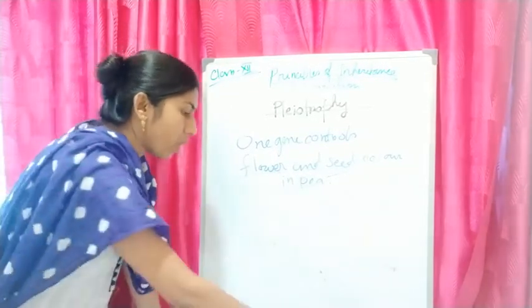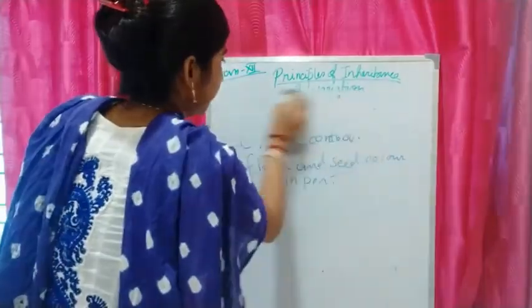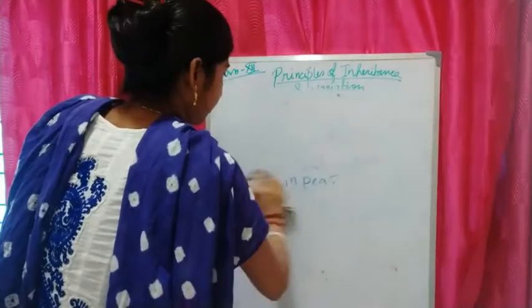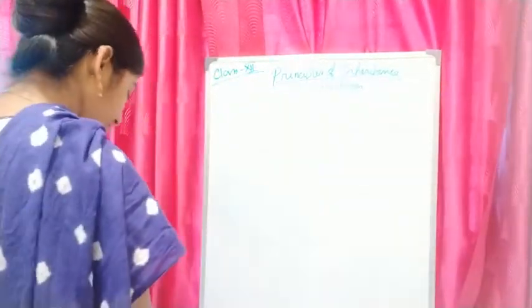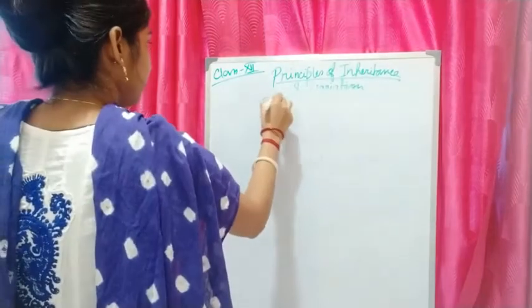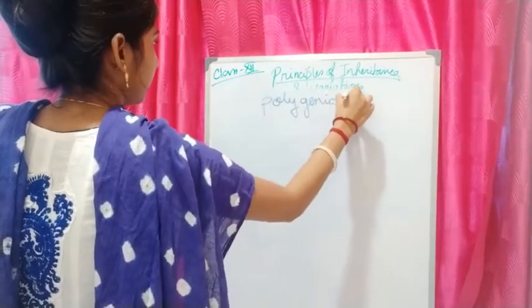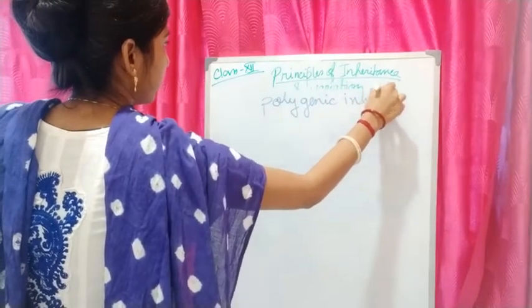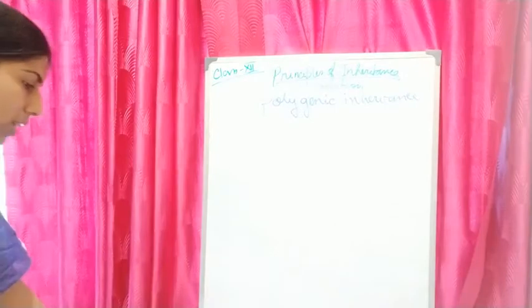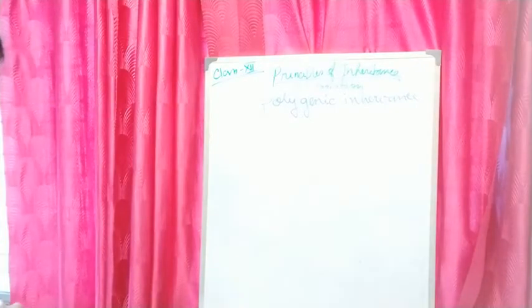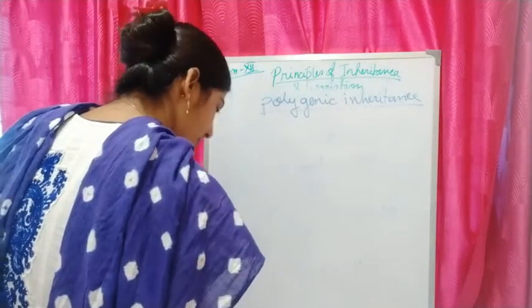Next one is polygenic inheritance. Polygenic inheritance means many genes but the trait is one.